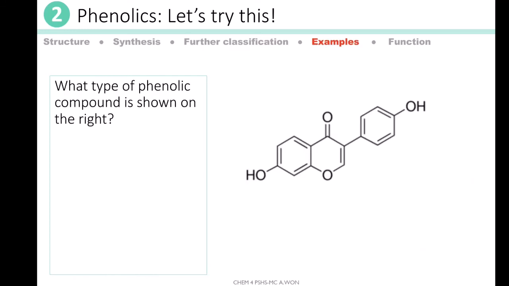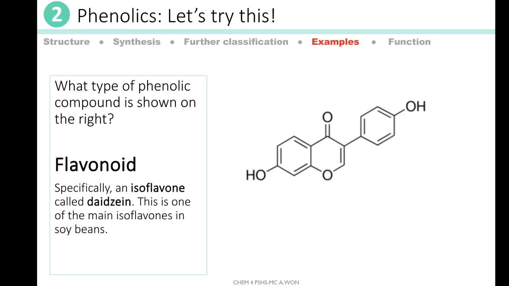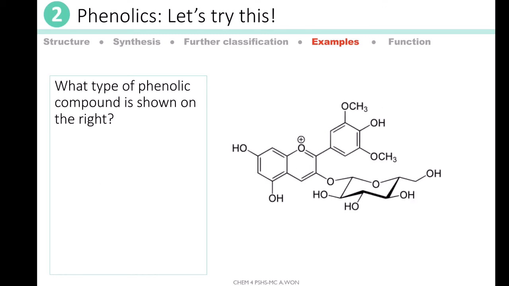Okay, now let's try some examples. What type of phenolic compound is shown on the right? This is a flavonoid. So specifically, it is an isoflavone. Next, what type of phenolic compound is shown on the right?